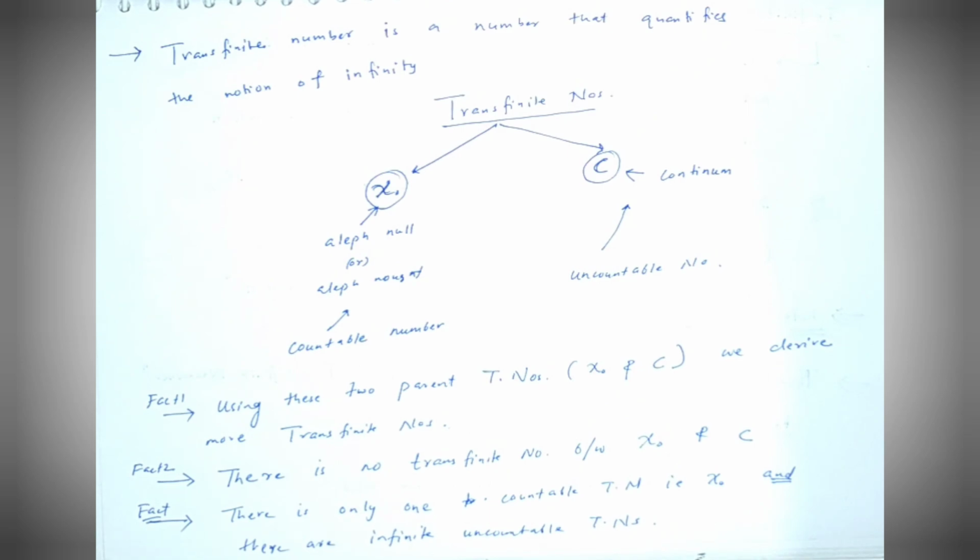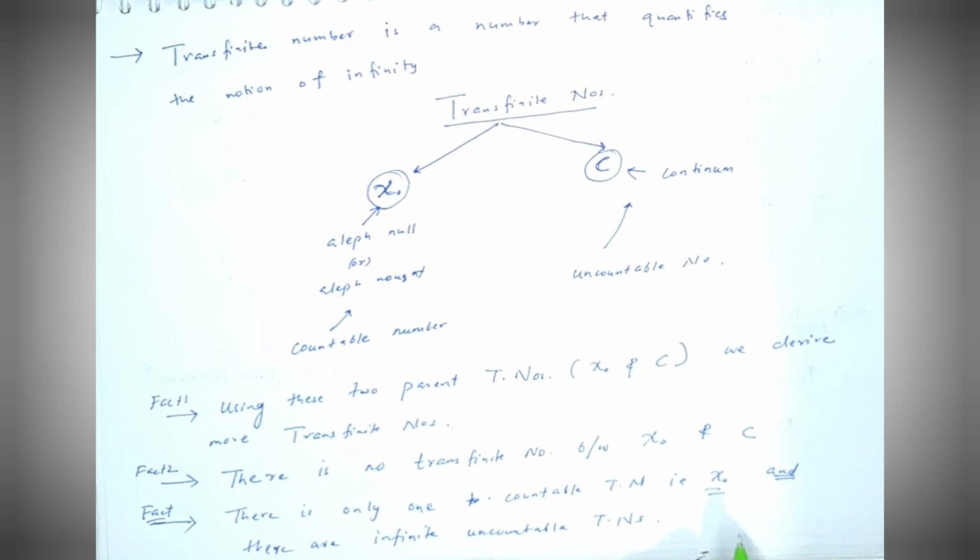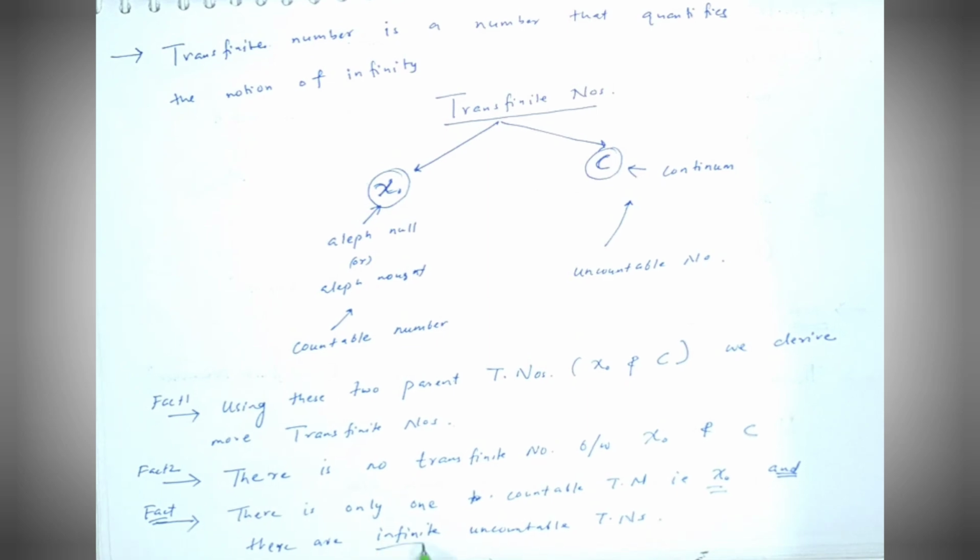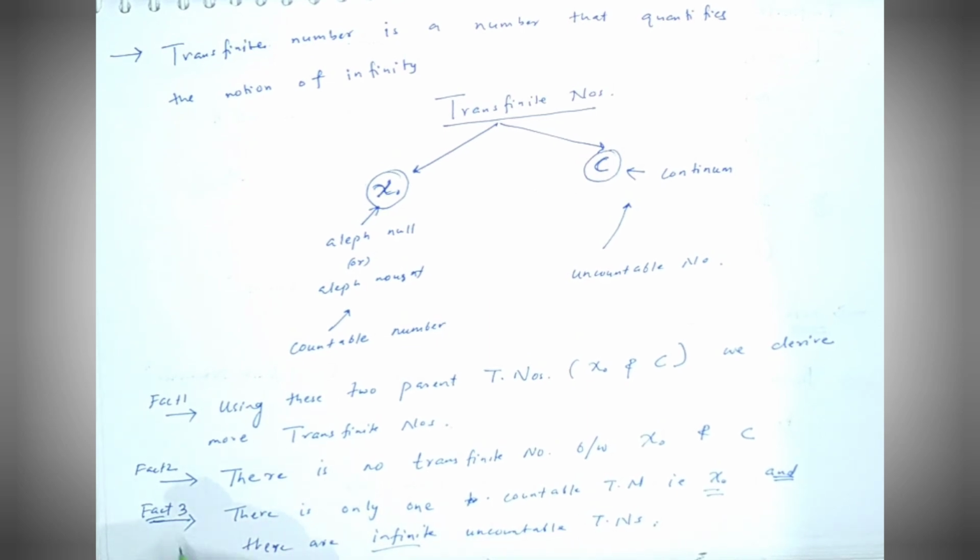Therefore we can say there is only one countable transfinite number of the type Aleph null and infinite uncountable transfinite numbers. This is fact 3.